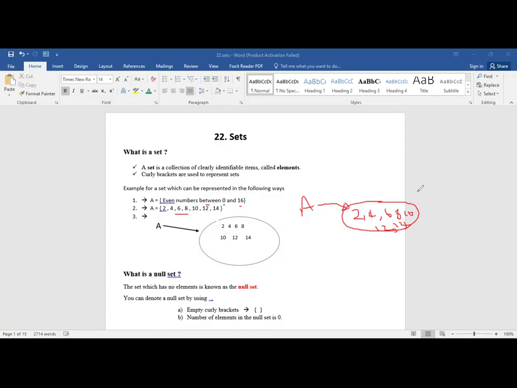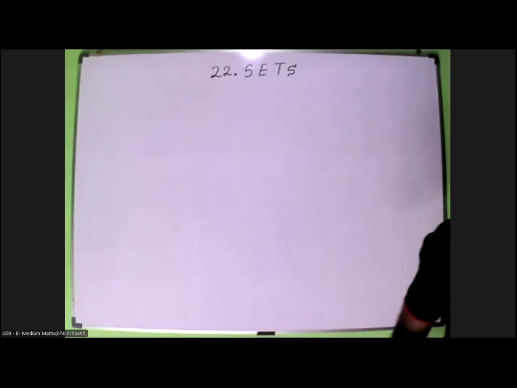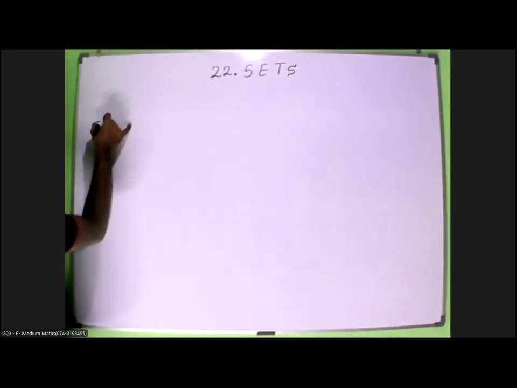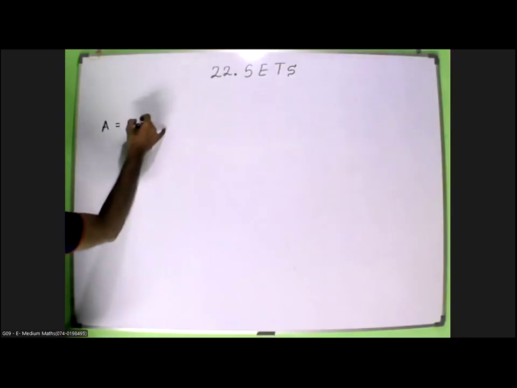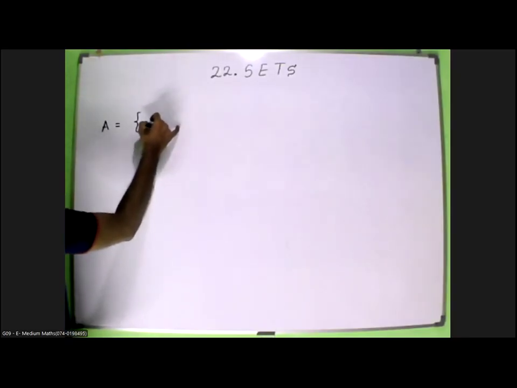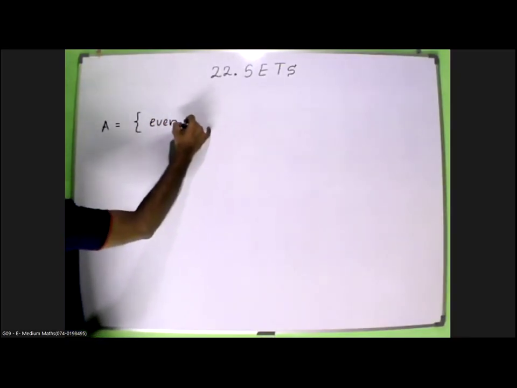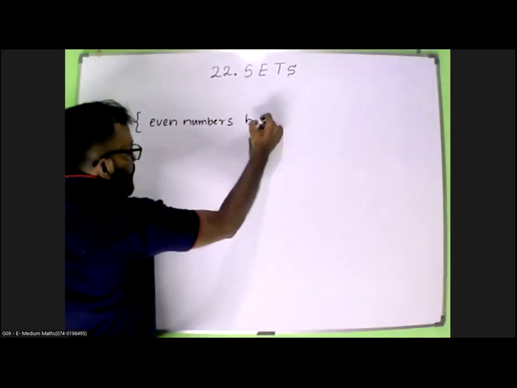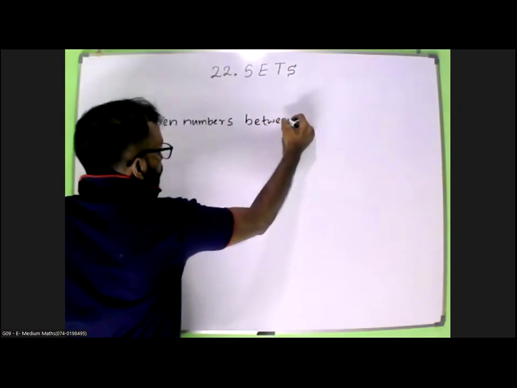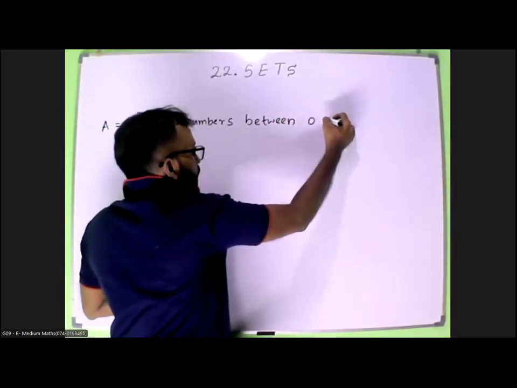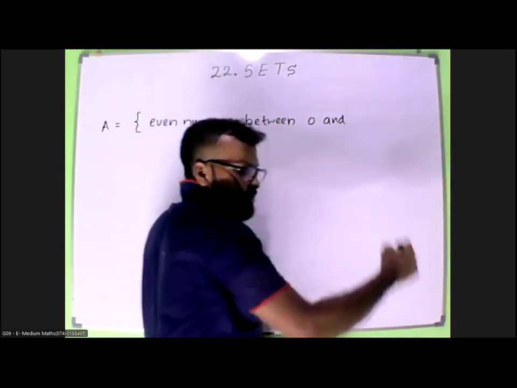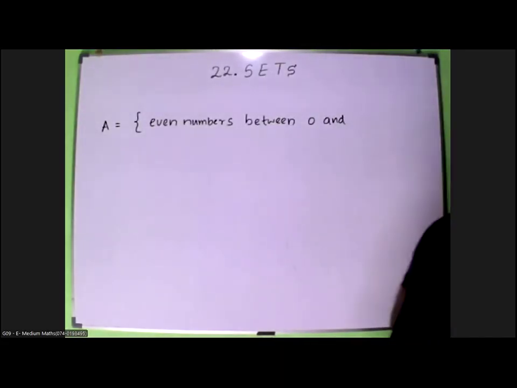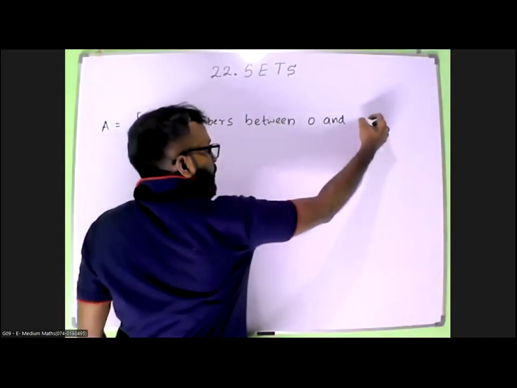So I will come to the board now. What I have explained is, for an example, our A is even numbers between 0 and 10.